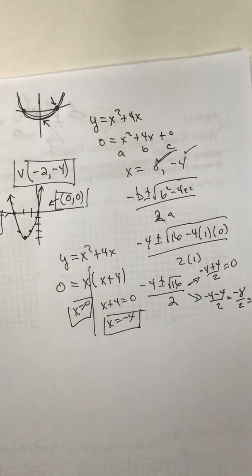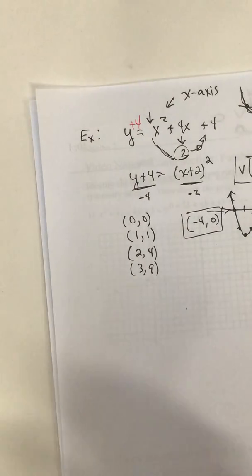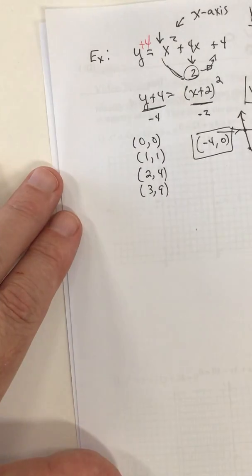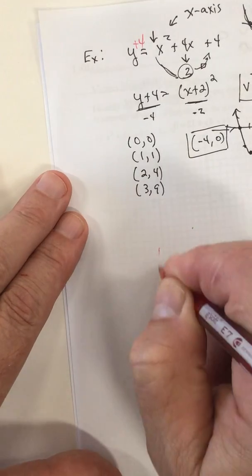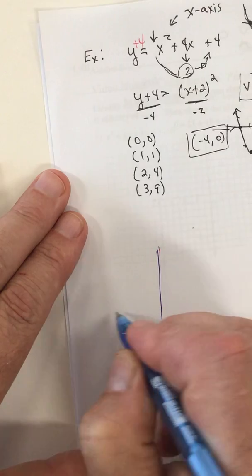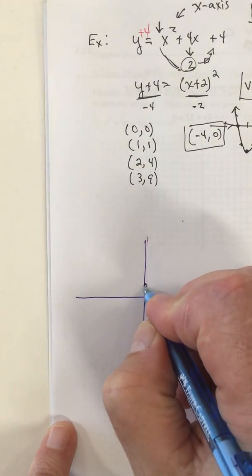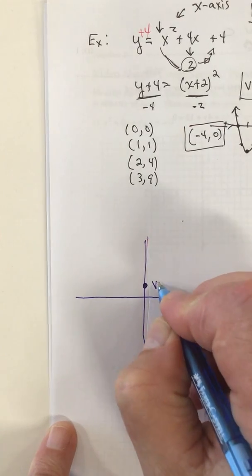There's more. So let me show you what really the characteristics of a parabola are. So I'm going to change colors here. Okay, I'm going to make a parabola. I'm going to call this right here the vertex.